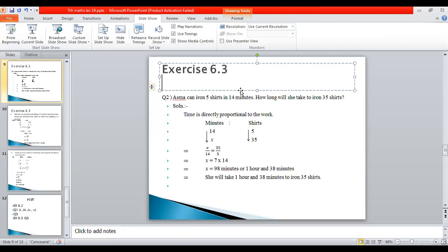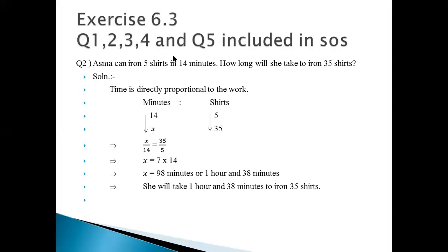The included syllabus is from question number 1 to question number 5. Question number 5 is included in your scheme of studies. Okay, so these questions are included. Question number 1, 2, 3, 4, and 5 are included in SOS.